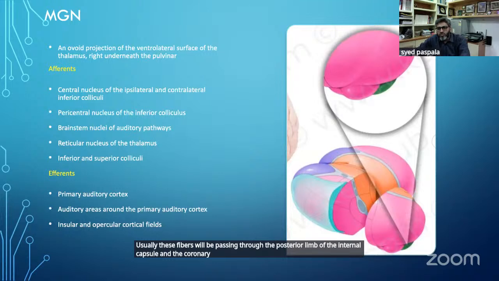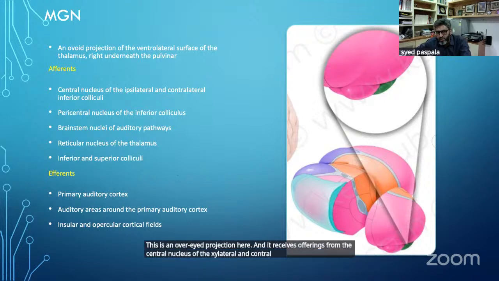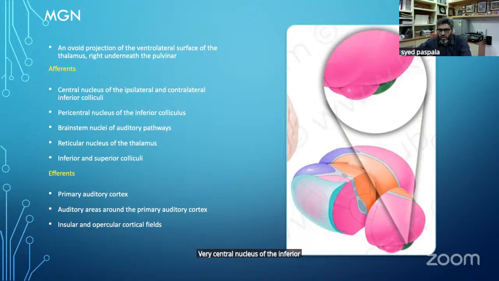And the medial geniculate body, the green structure we are seeing here, is on the medial part of the posterior pole of the thalamus below the pulvinar. This is an ovoid projection, and it receives afferents from the central nucleus of the ipsilateral and contralateral inferior colliculi, the pericentral nucleus of the inferior colliculus, and the brainstem nuclei of the auditory pathways.